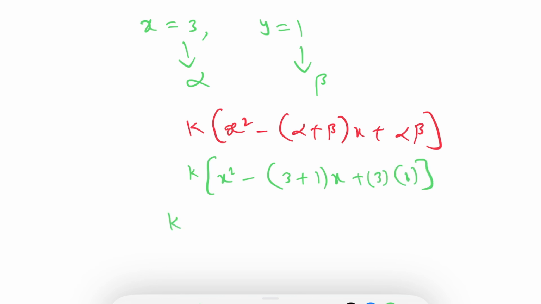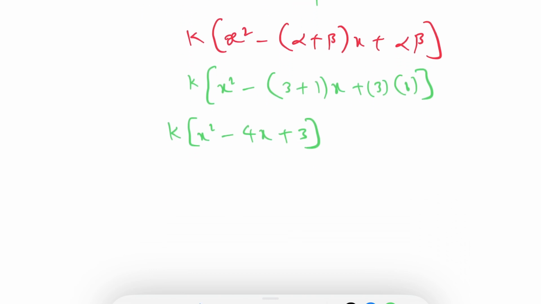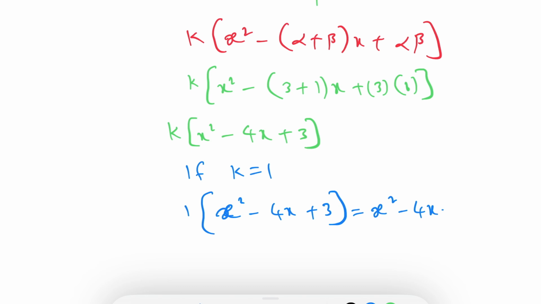So it will be k into x square minus 3 plus 1 is 4, 4x plus 3 into 1 is 3. Here there is no denominator, so take the k value as 1. If k equals 1, it will be 1 into x square minus 4x plus 3. If you multiply with 1, there won't be any change, so write the polynomial as it is, x square minus 4x plus 3.